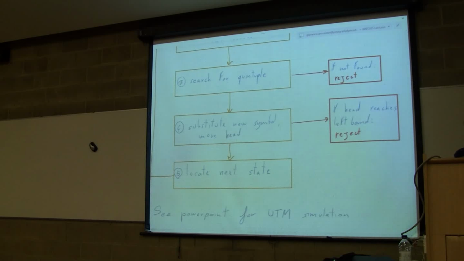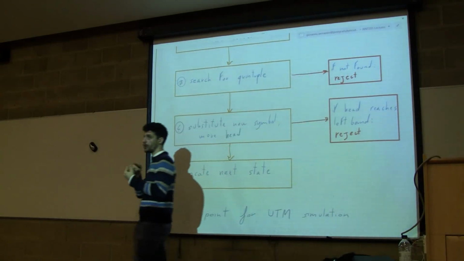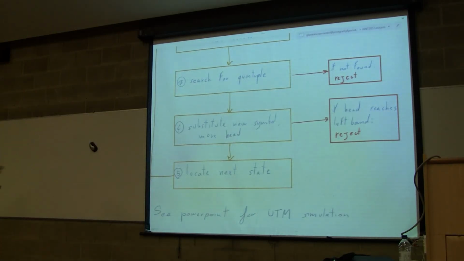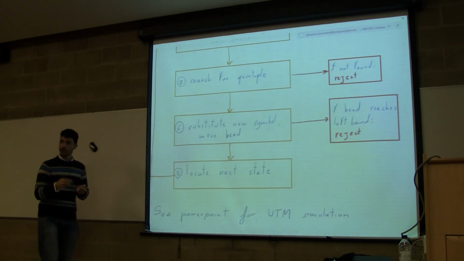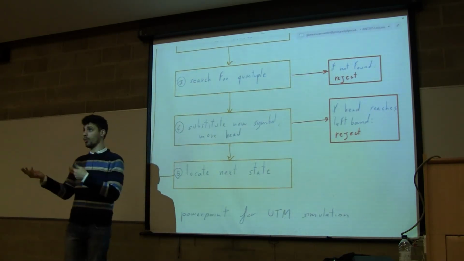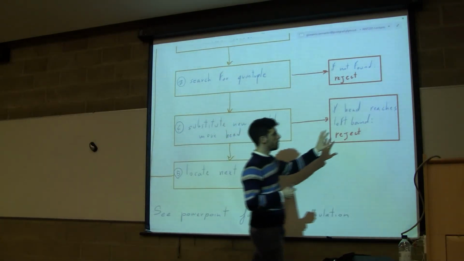If you do find it, well, then you have a rule to follow, so you know what to do with those state and symbol. You rewrite the new symbol, and you move the head left or right, depending on what the rule is telling you. There's another problem.